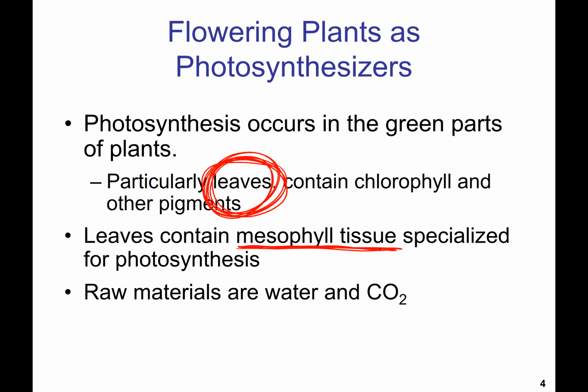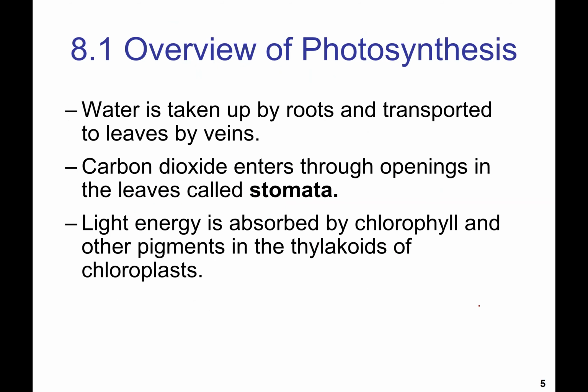Raw materials means what goes in. Carbon dioxide and water are going to go into photosynthesis. That's why we say the raw materials. So these are the reactants, what goes in. Water is taken up by roots and traveled to leaves by veins, specifically called xylem. Okay, so water goes in through the roots, travels up against gravity through the xylem to the leaves, where it's used for photosynthesis.